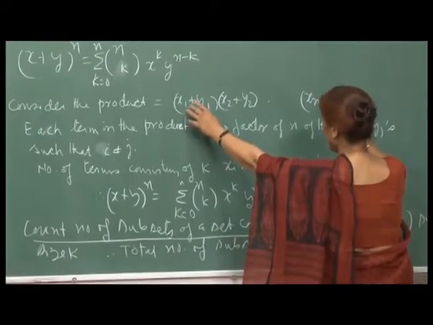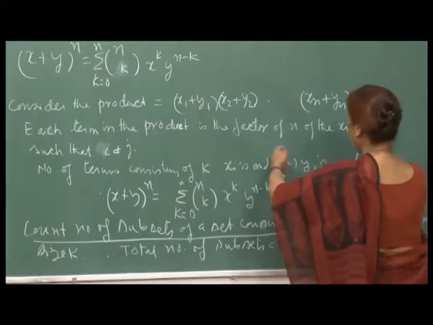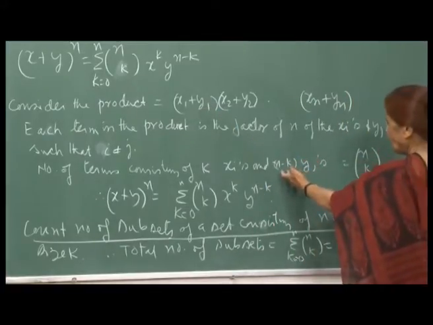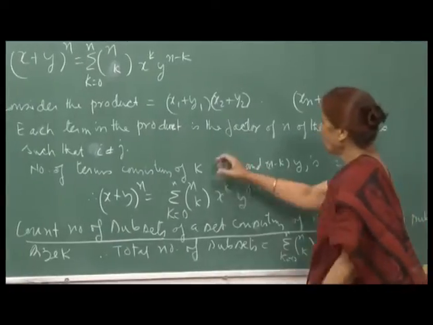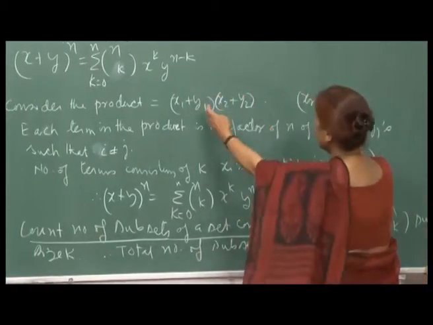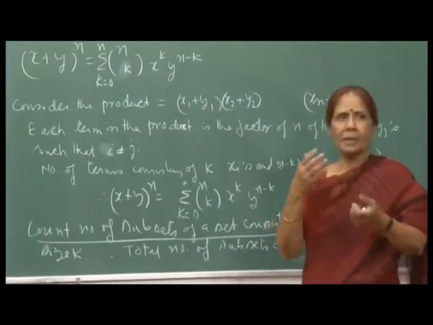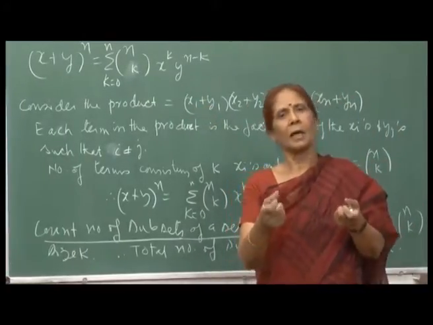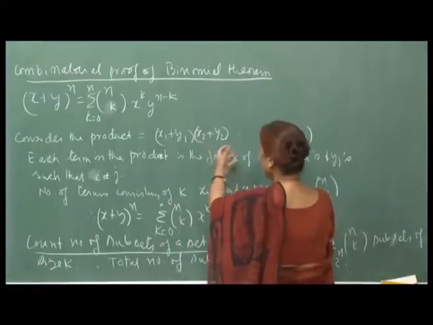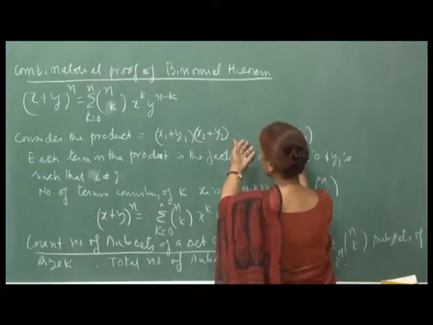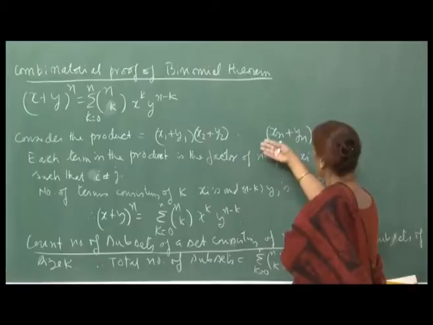any term of this product will contain, let us say, k of the xi's and then the remaining n minus k of the yj's. So, then how many such products can there be?